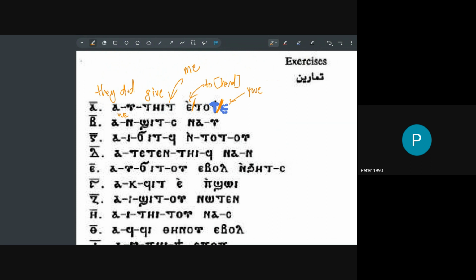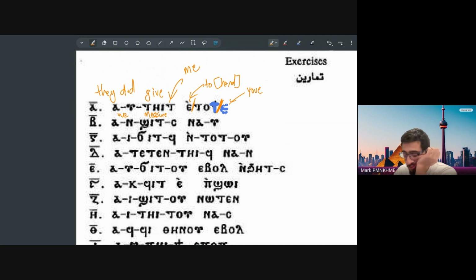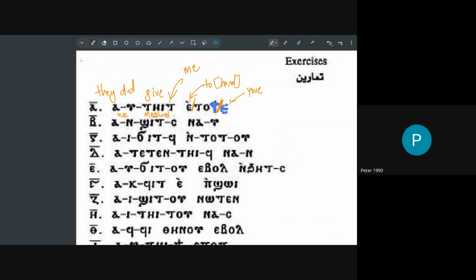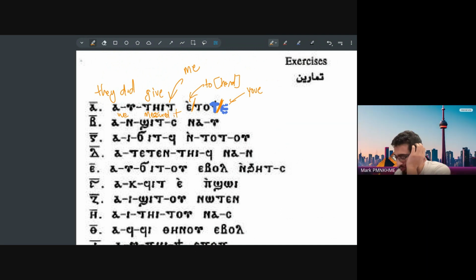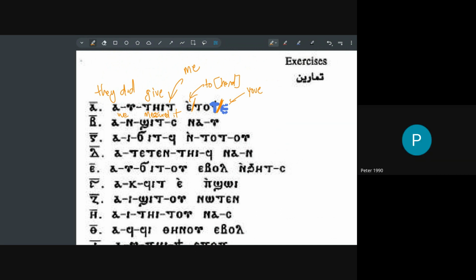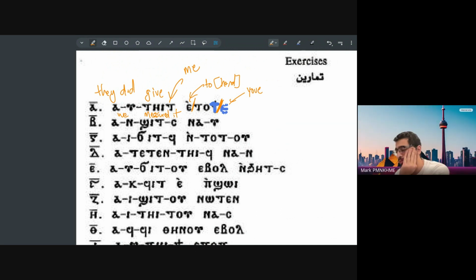It's not give, right? It's measure. Okay. So we measured it. Perfect. We measured it. To them. Yeah, to them, or usually I just like to use for them. I mean, this is the same thing, but I like to use for.